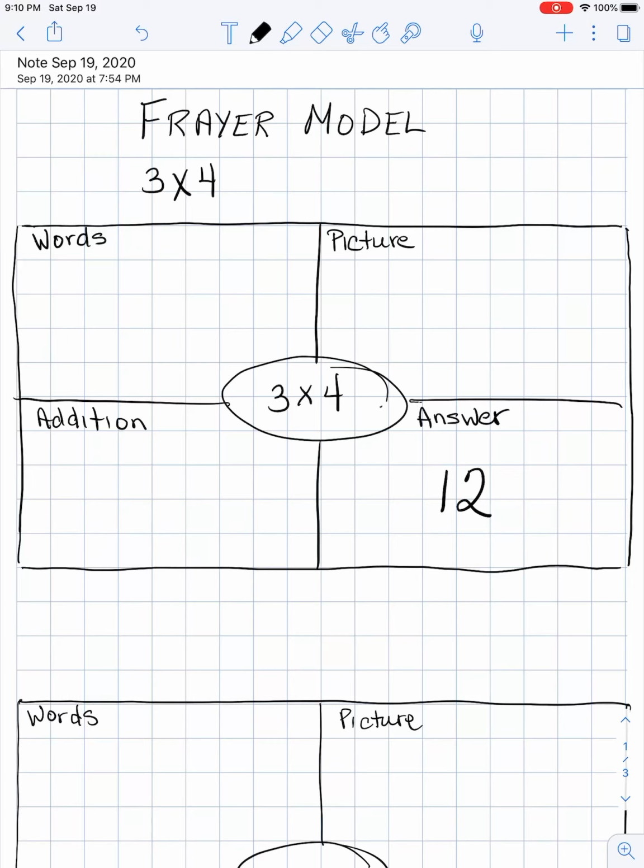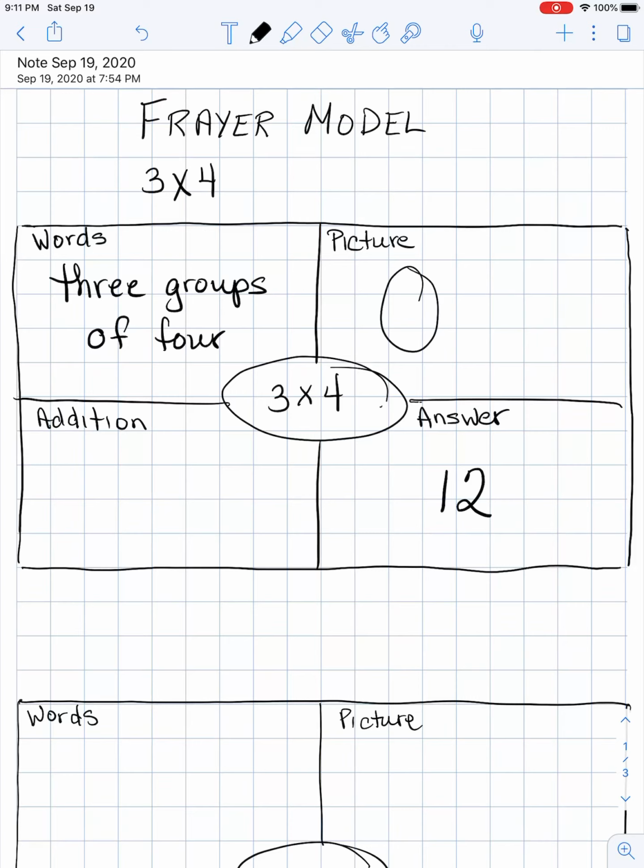Okay, and they're equal groups. So in words, if I wanted to express 3 times 4, I would say 3 groups of 4.